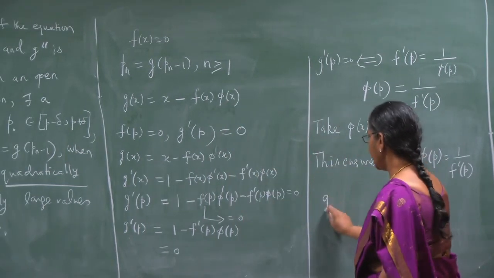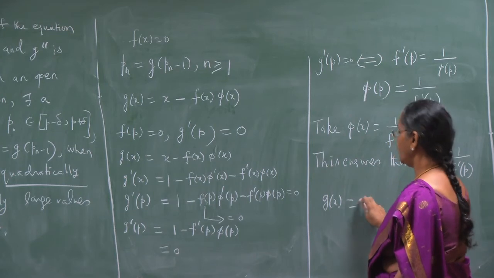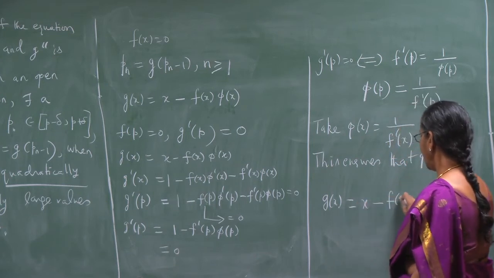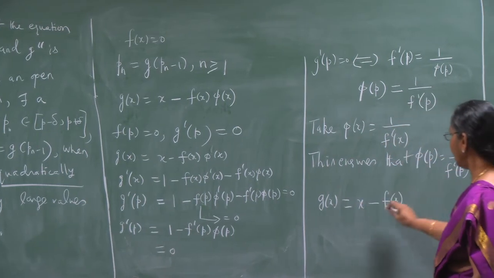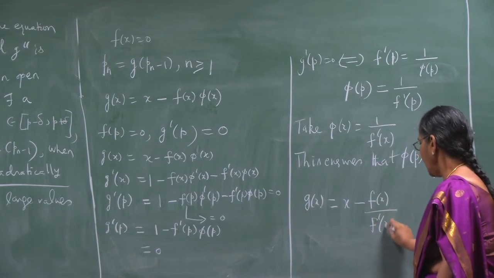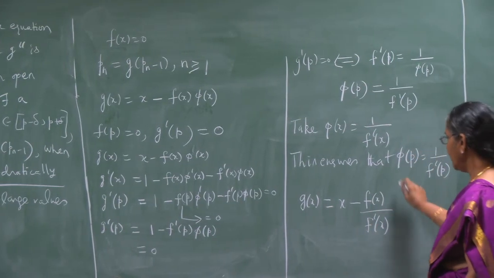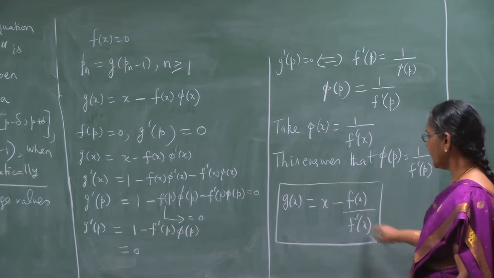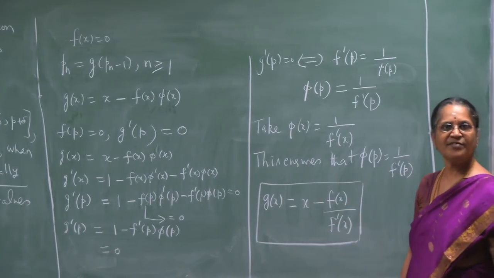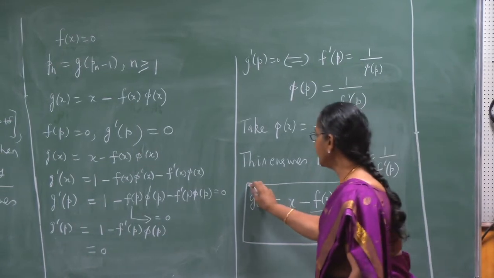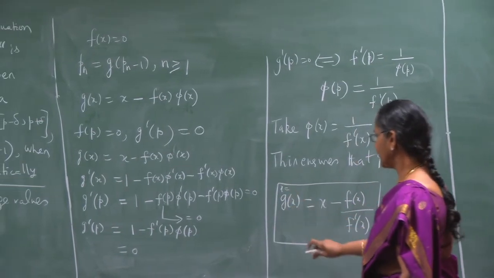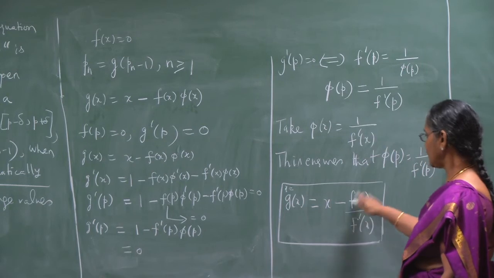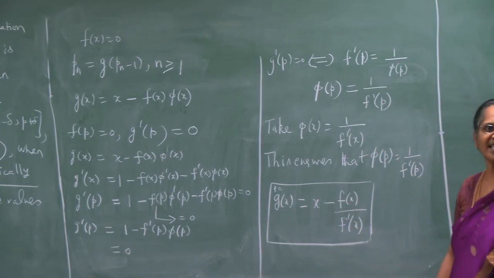So, we can take g of x to be in the form x minus f of x, and what is phi of x? It is 1 by f dash of x. And what do you see? You observe that this is nothing but your Newton-Raphson method. Why? x is equal to g of x, and g of x is x minus f of x by f dash of x.